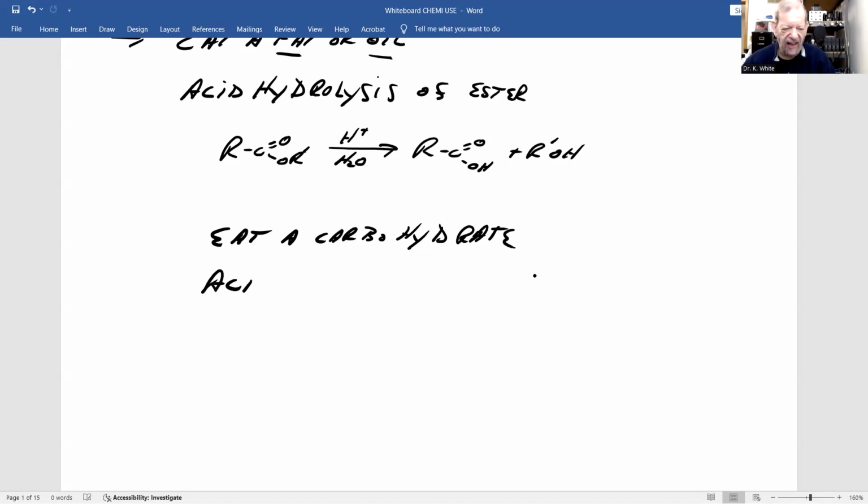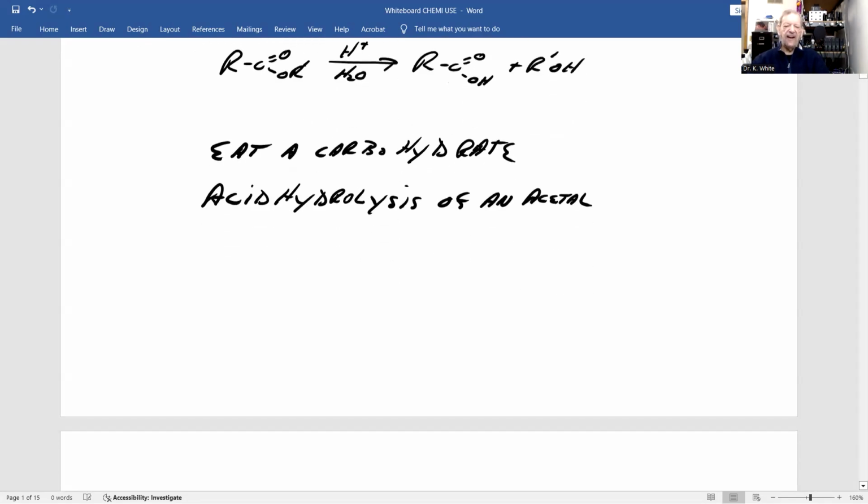So again, this is acid hydrolysis, describing with words. Now, what's the key functional group that holds glucose molecules together in a carbohydrate? And that is an acetal.